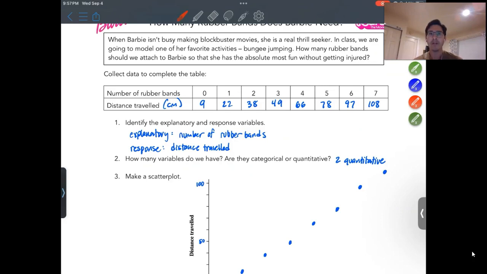Okay, so let's start with question number one. Identify the explanatory and response variables. So the explanatory variable is the number of rubber bands, and the response variable is the distance traveled. Think of the explanatory variable as the thing that you're using to make predictions.